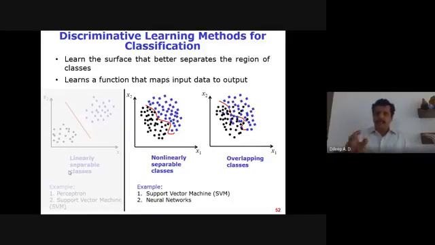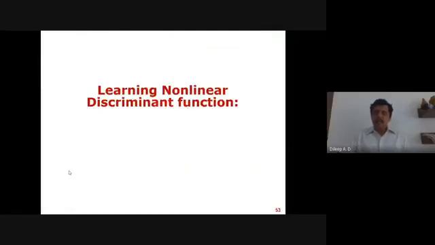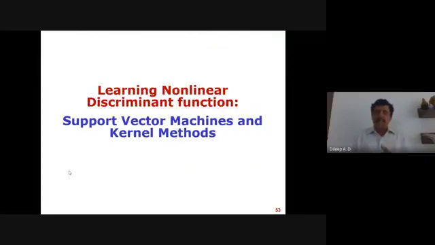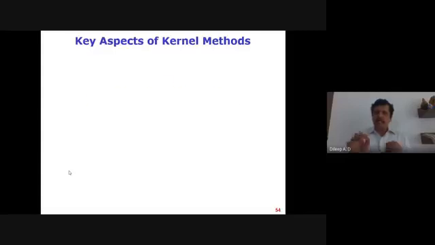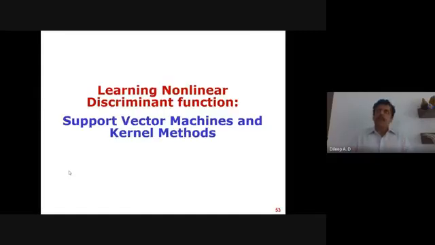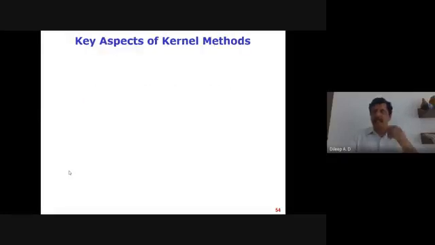When the data is non-linearly separable, to learn the underlying non-linear discriminant function, the support vector machine makes use of a concept called kernel methods. I'm not going very deep into these cases. I'll just give the bigger picture of how the kernel method helps in addressing this issue.